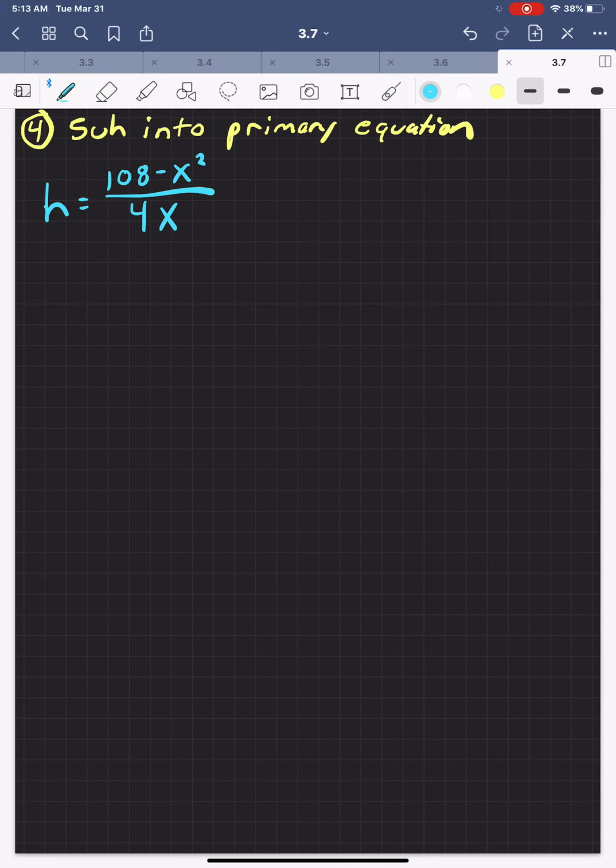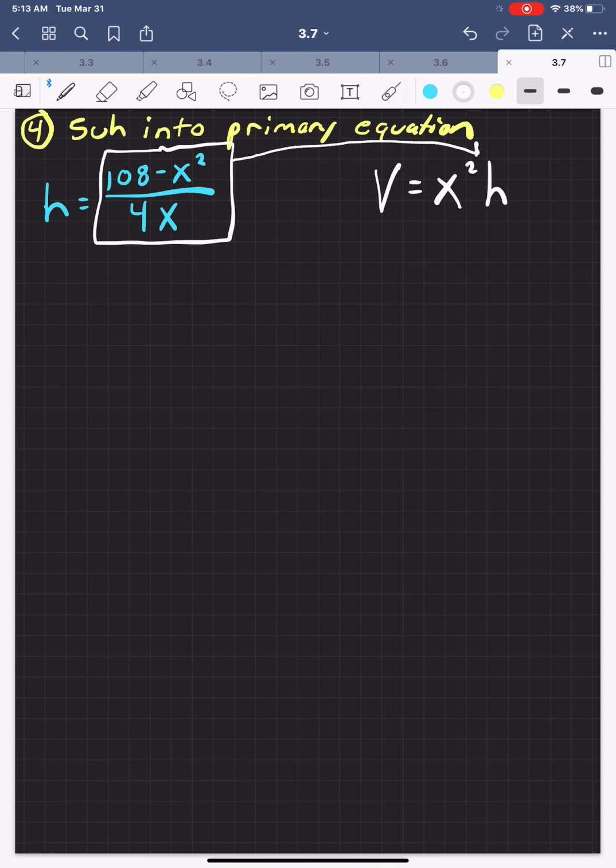We're going to substitute that into the primary equation. Let me go ahead and write the primary equation. So the primary equation was v equals x squared times h. Okay, are you ready? The whole point of step 3 was so that I can substitute that h into my primary equation.